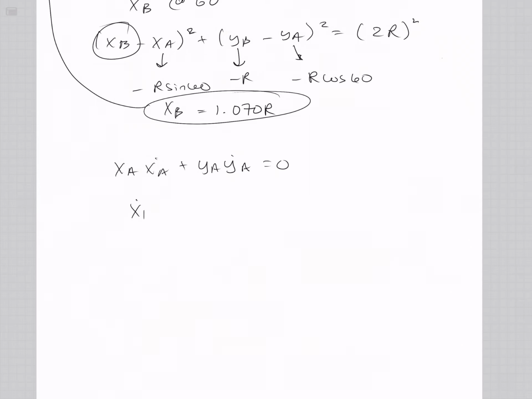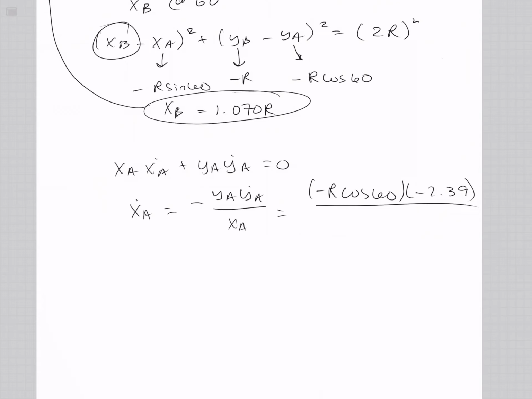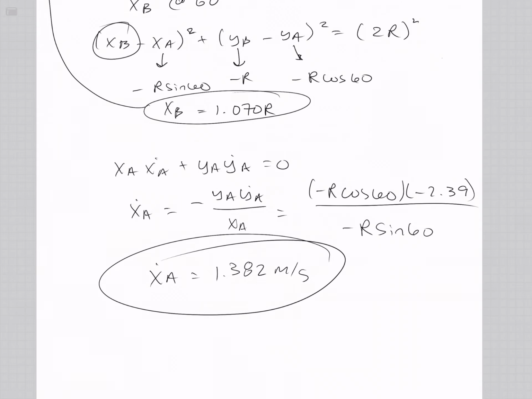We just found a lot of that information, so we can solve directly for ẋ_a, where we have negative y_a times ẏ_a over x_a: negative r cosine of 60 times negative 2.39 that we just found here, all over negative r sine of 60. And that value for ẋ_a is equal to 1.392 meters per second.